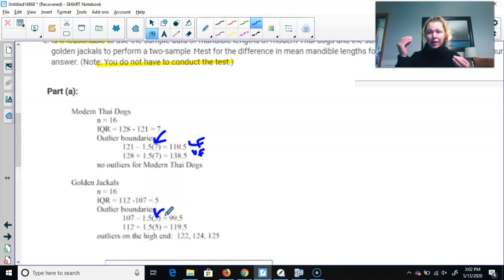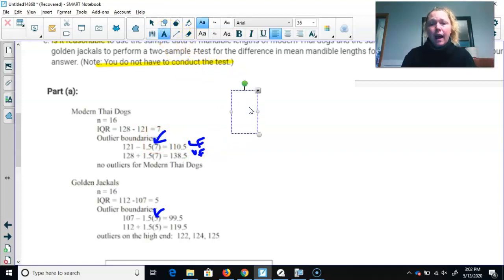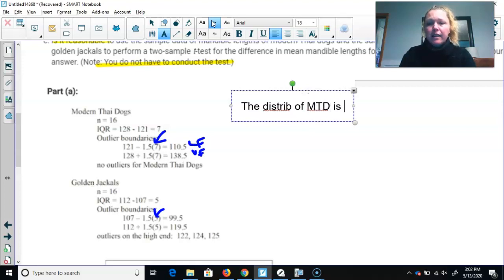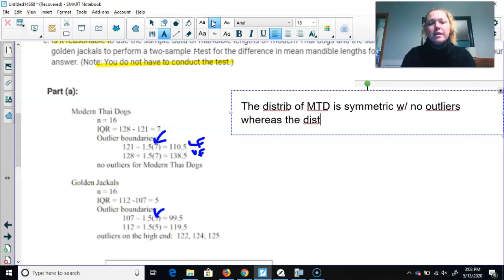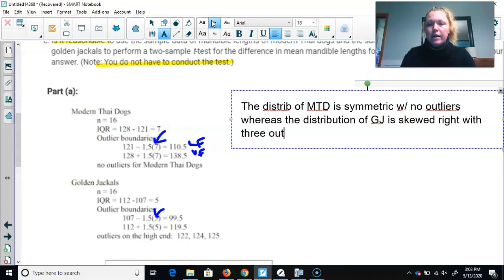I would say, because I have that quartile 1 and quartile 3, I would actually find it. And I found it here. That's 7. I've already done that. So it's not any extra work for you. So I personally, just because I know some of you are going to want this, I would state, okay, the distribution of modern Thai dog is symmetric with no outliers, whereas the distribution of golden jackals is skewed right with 3 outliers.